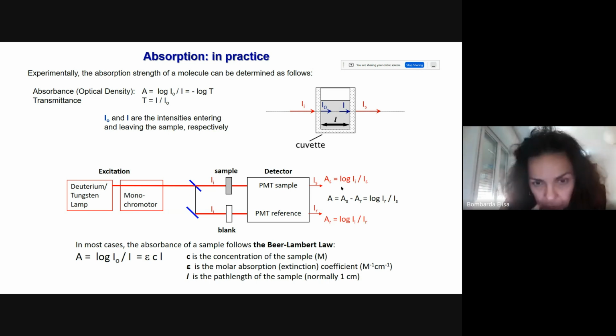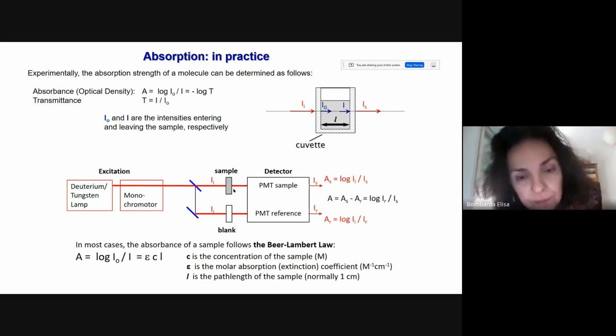Doing this anyway, so in any case, also for a mono beam photometer, you need to do the baseline.